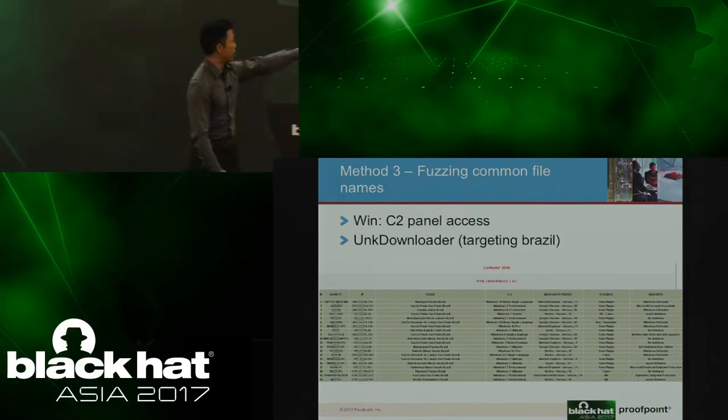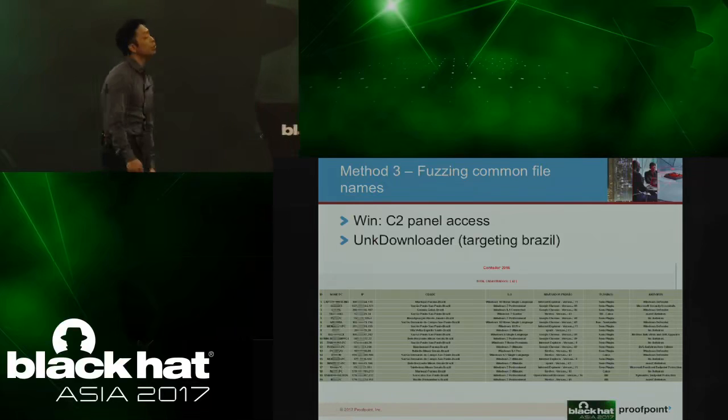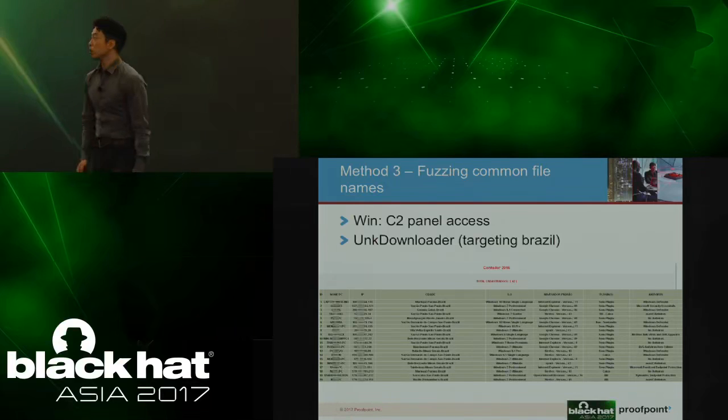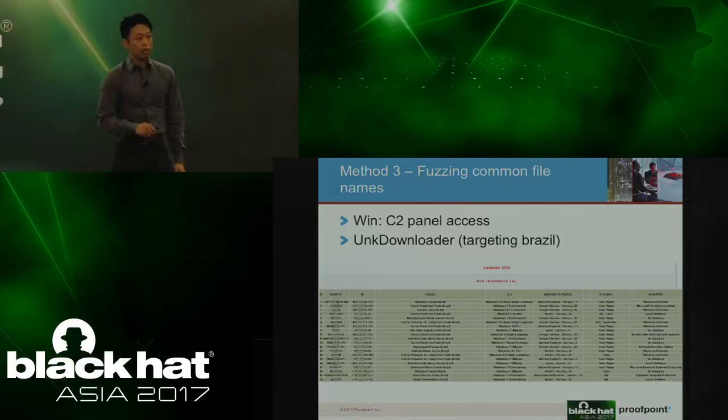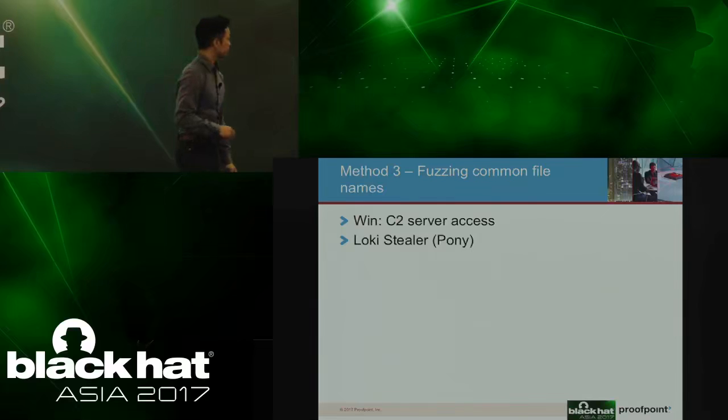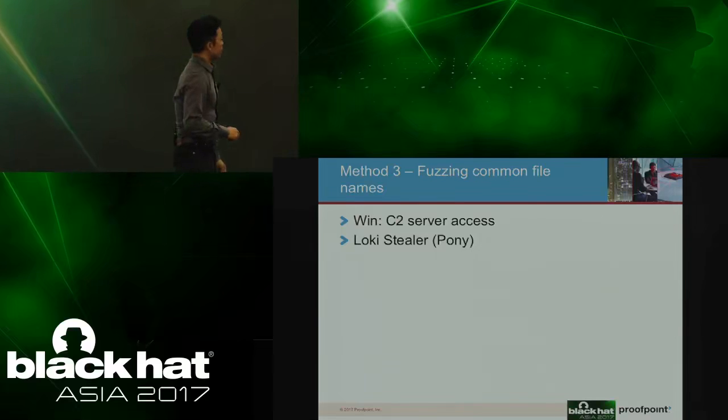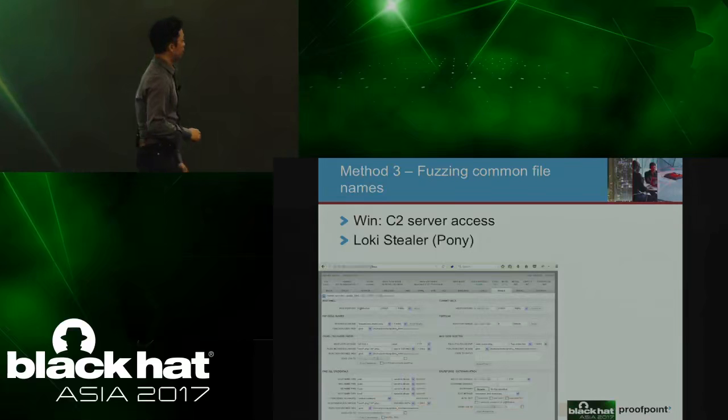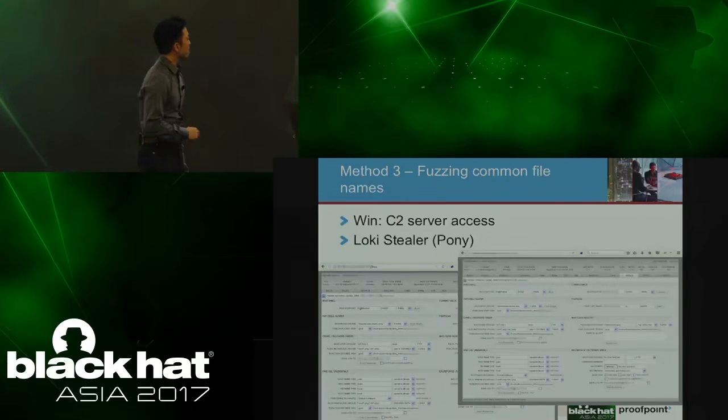And this one, we're showing that we're successful against the Unk downloader group, and we found their command and control panel, which did not require authentication. So once we've hit that URL, we're directly able to access their command and control and get all of their statistics. And this, we had success also with the Loki stealer, previously known as Pony.